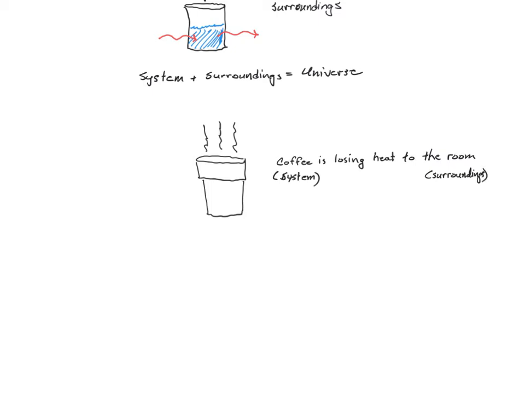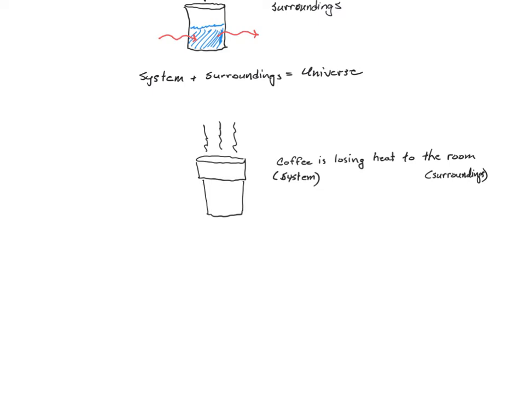Now, I've simplified that a little bit because the surroundings really is going to include the room, the building, the planet, the universe. So if you think about it, as the temperature of the system decreases, the temperature of the surroundings is going to increase.